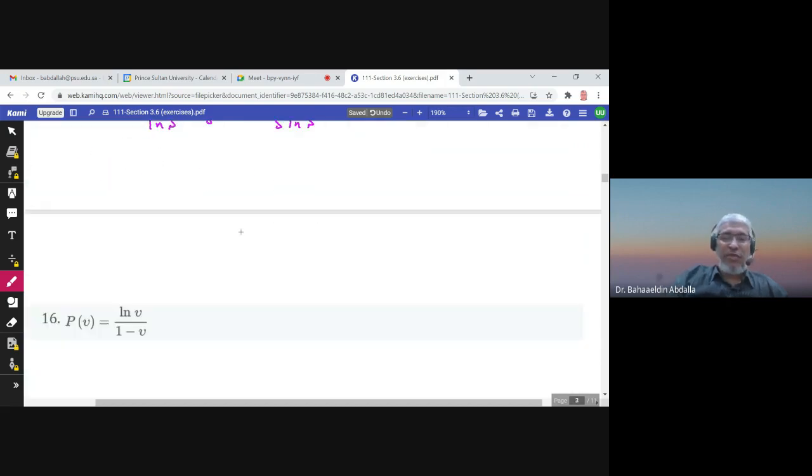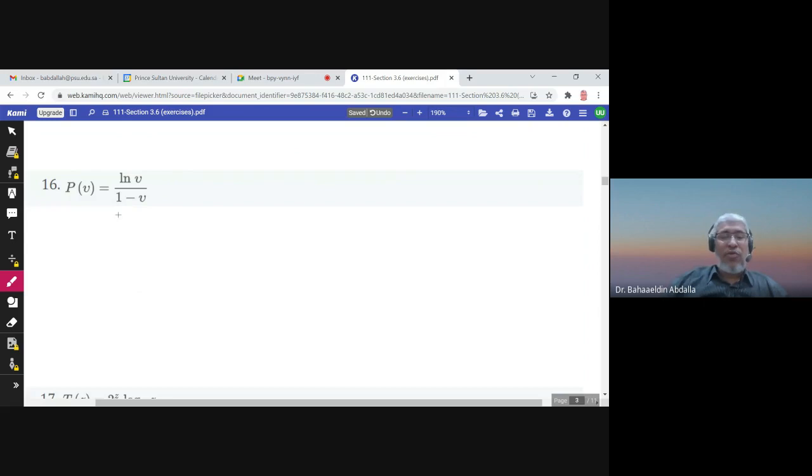That's the derivative. Here I use the quotient rule. Over 1 minus v all squared. Derivative of ln v is 1 over v times 1 minus v minus ln v times the derivative of 1 minus v, which is negative 1.